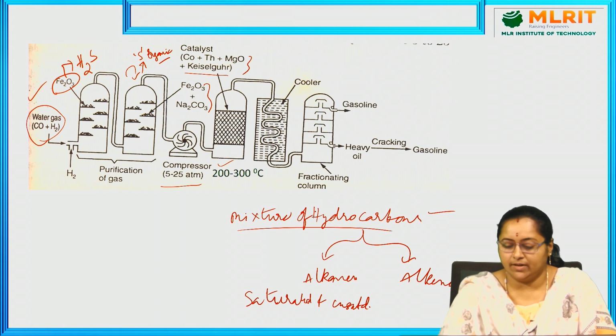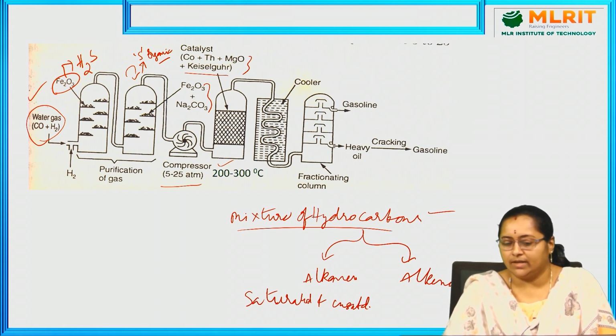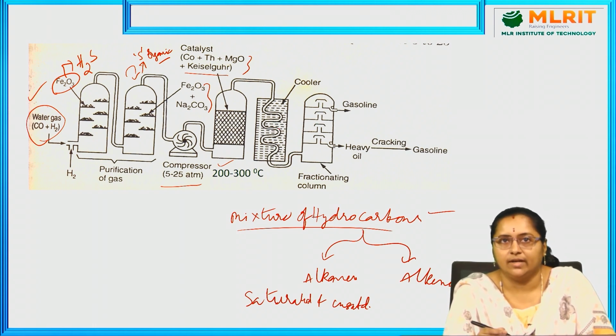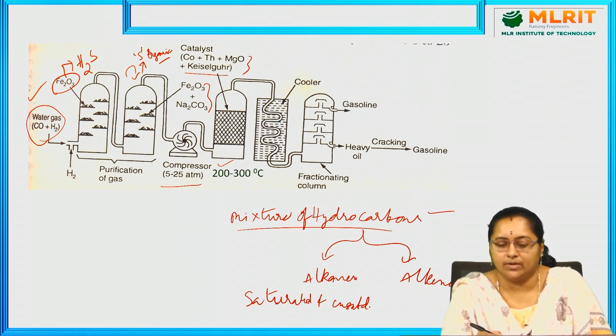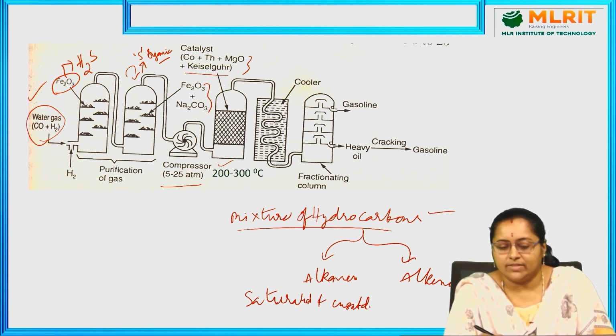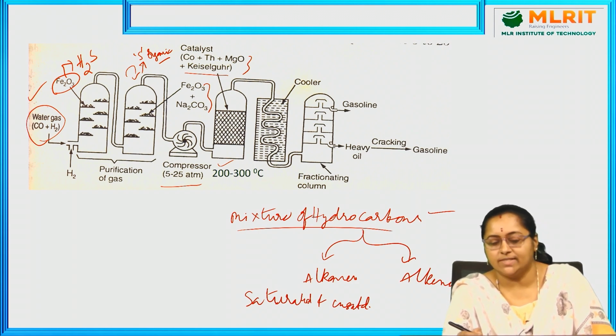That mixture contains saturated and unsaturated hydrocarbons, that is alkanes and alkenes, and it is then subjected to cooling. The cooling is done in a cooler filled with water, and the obtained mixture of hydrocarbons is allowed to pass through a pipeline. There it is subjected to cooling, and then finally to fractional distillation, that is purification, or we can call it refining.